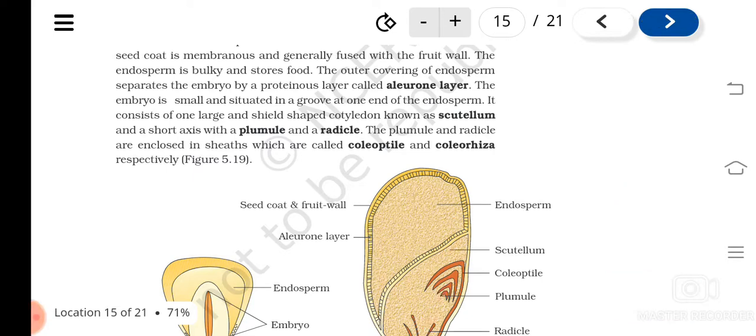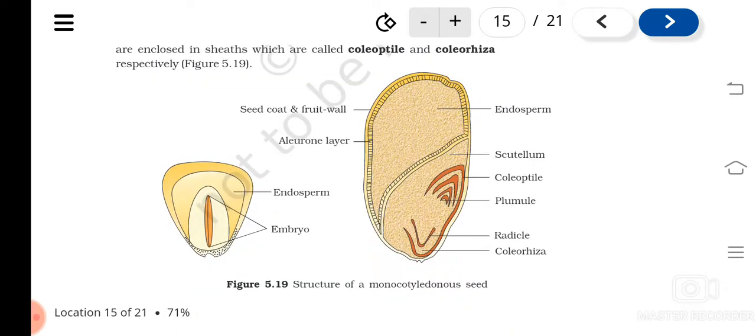Plumule is covered by a sheath called coleoptile, and radicle is covered by a sheath known as coleorhiza, and the endosperm is separated from the cotyledon by a proteinaceous layer known as aleurone layer. Aleurone layer is also there, isn't it?